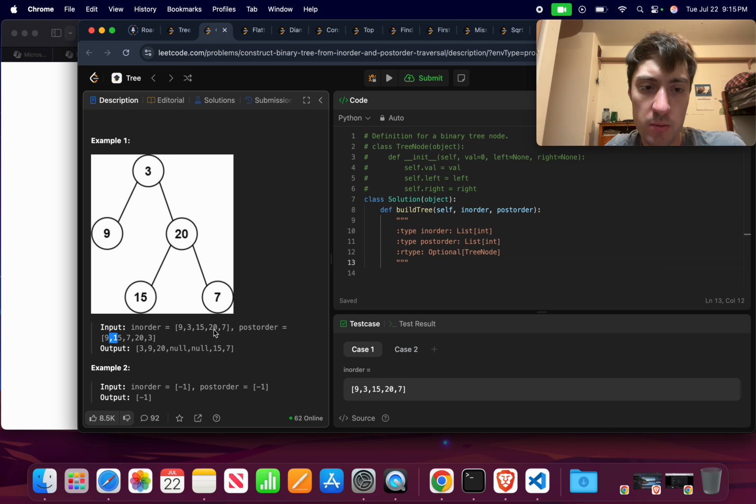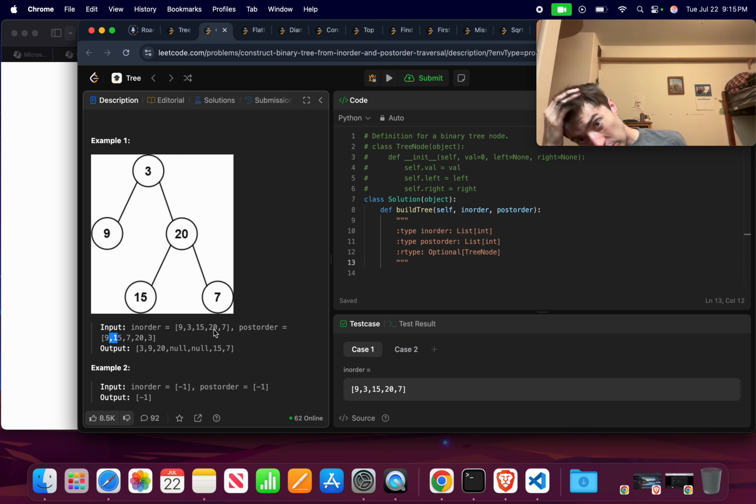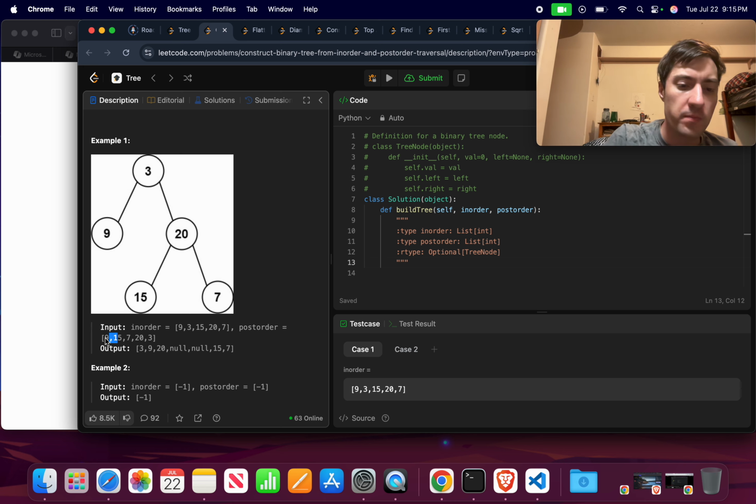All right, so now I'm trying to think about what went wrong. Do I have a bad understanding of pre-order, post-order, in-order traversal? Maybe I don't understand what information post-order gives. Like, so post-order is I'm processing at the end, so there's no children, right? So 9 has no children.